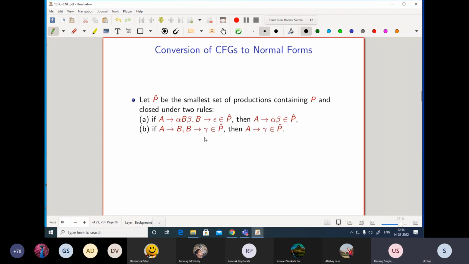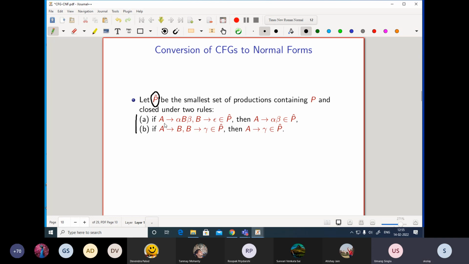So we will be doing this in the following way. You apply this set of rules exhaustively. So basically, you're building a set P hat.